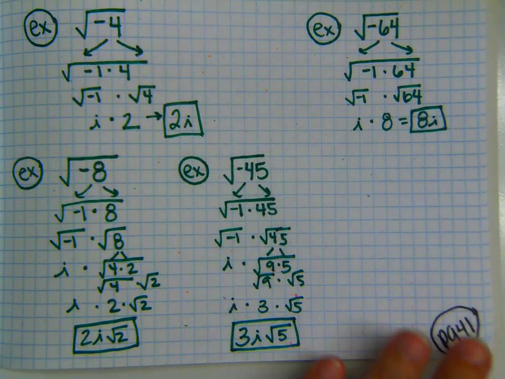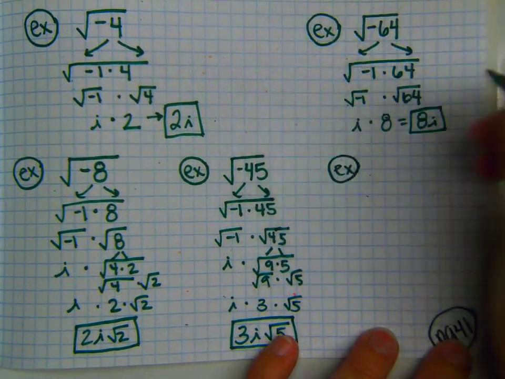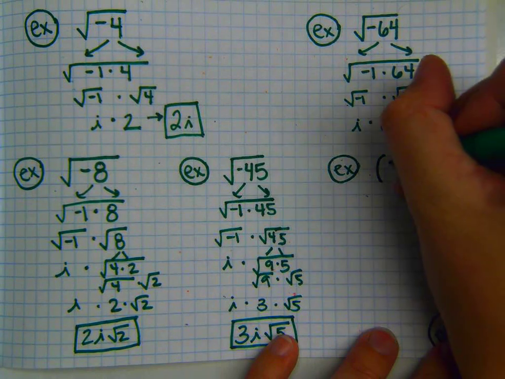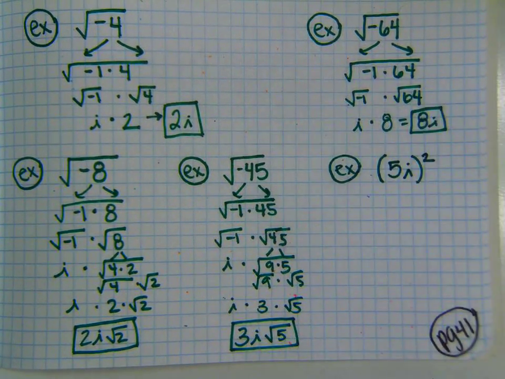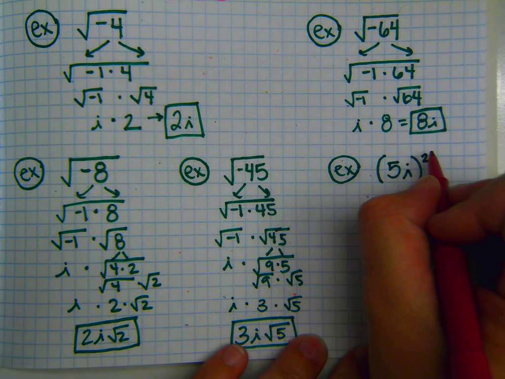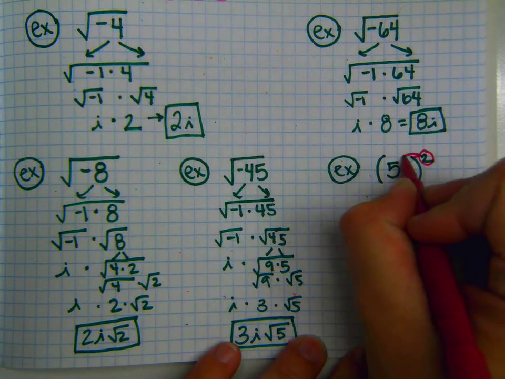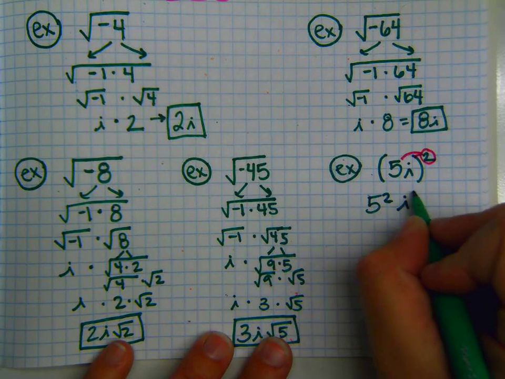And the last example we're going to do is going to look like this: 5i squared. And when we do this, this squared by our properties of exponents is going to get distributed in. So we get 5 squared i squared.